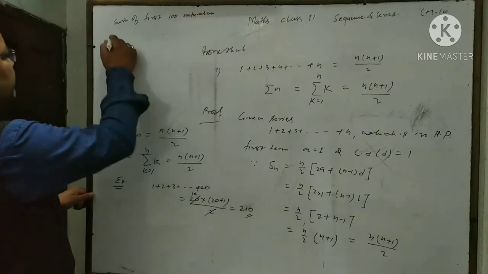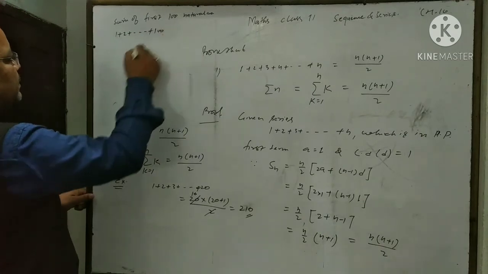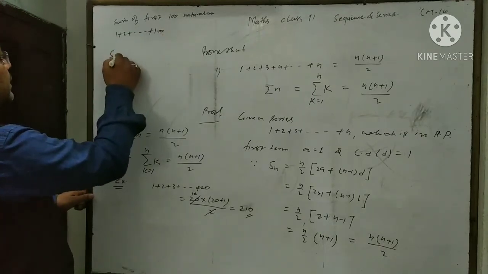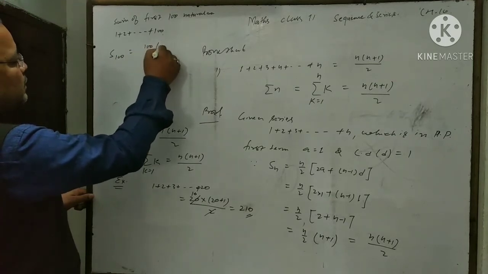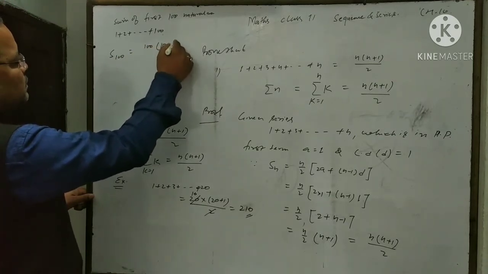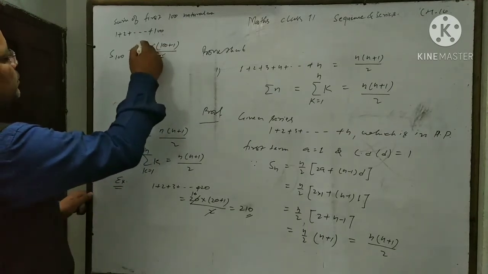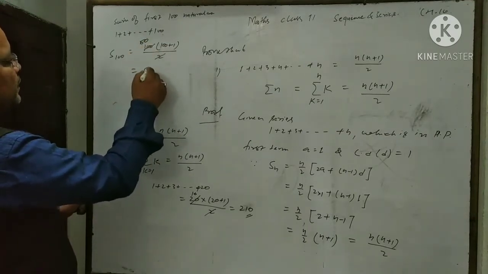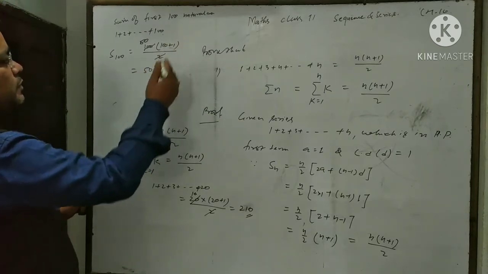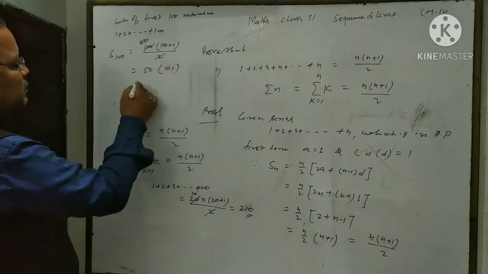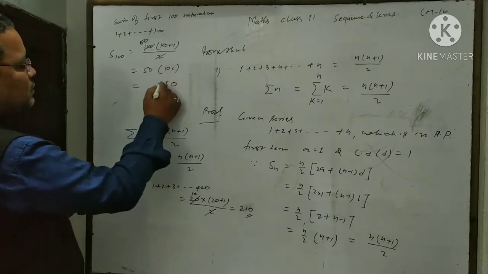We can write 1 plus 2 and so on up to 100. Then S100 will be equal to 100 into 100 plus 1 by 2. Now 2 into 50 is 100, so 50 into 100 plus 1, which is 101. Now 5 ones are 5, and 0, so 5050.